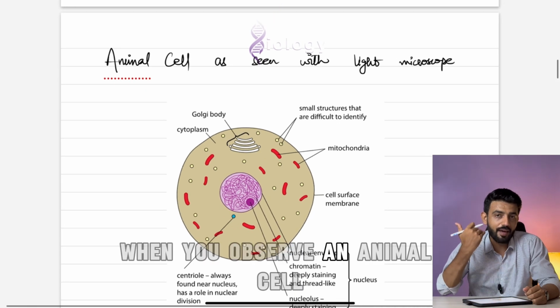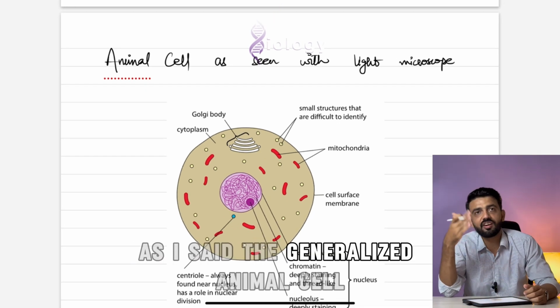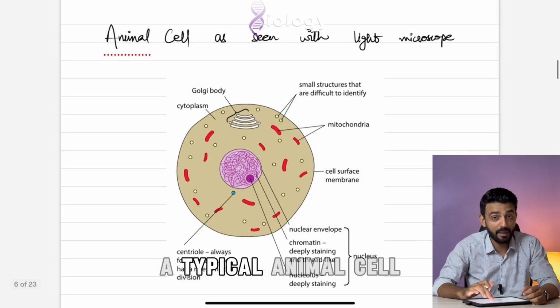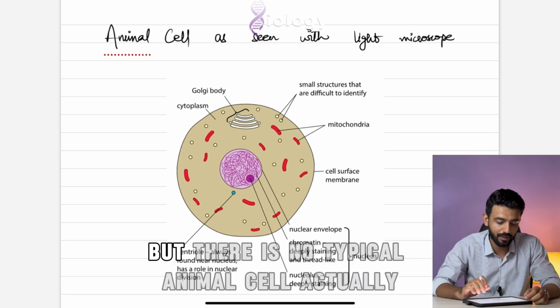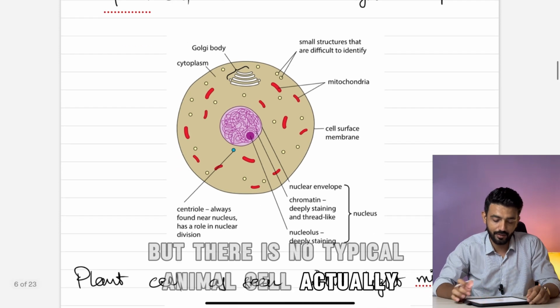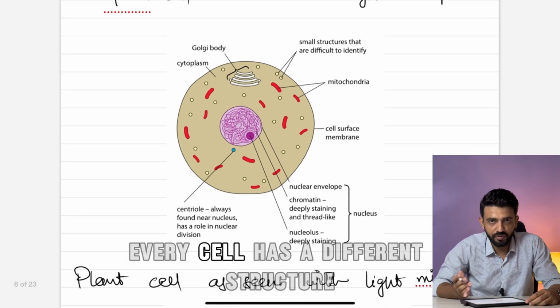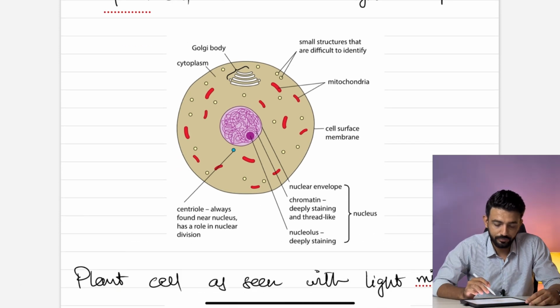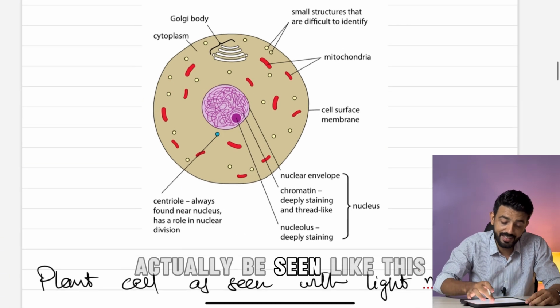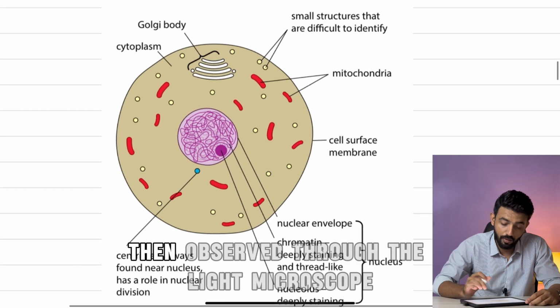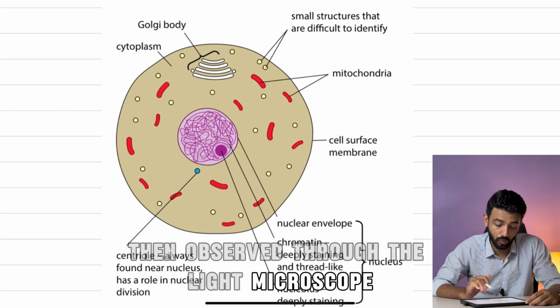When we observe an animal cell, the generalized animal cell, a typical animal cell, the word we use is typical, but there is no typical animal cell actually. Every cell has a different structure. But the generalized animal cell would be seen like this when observed through the light microscope.